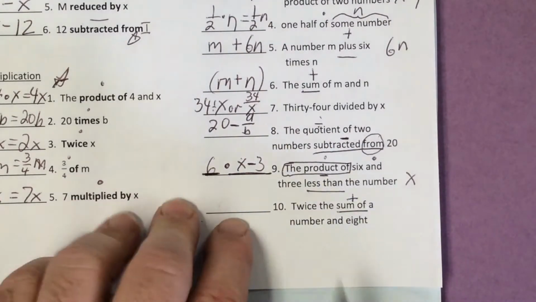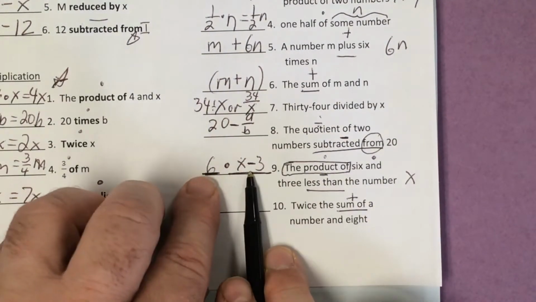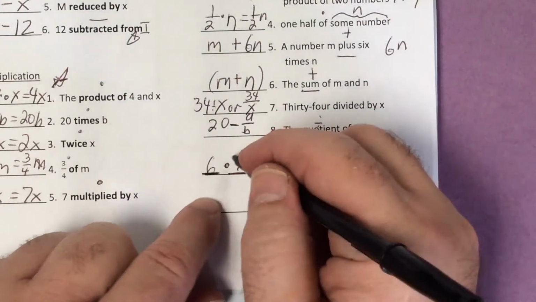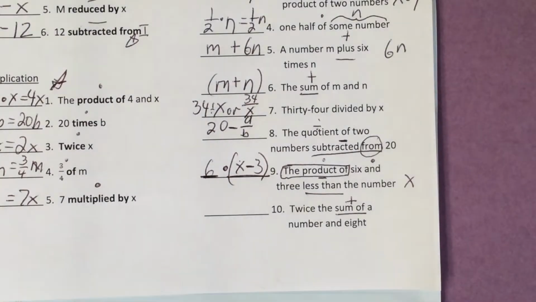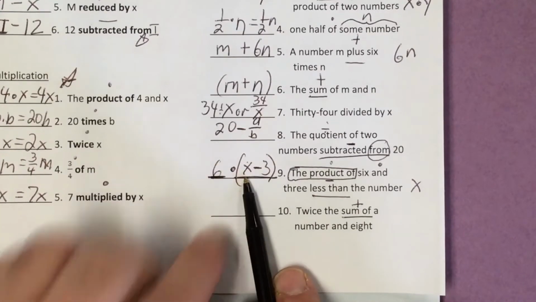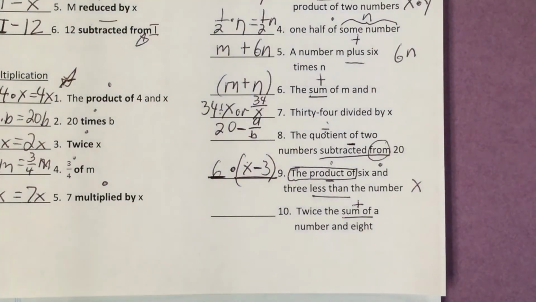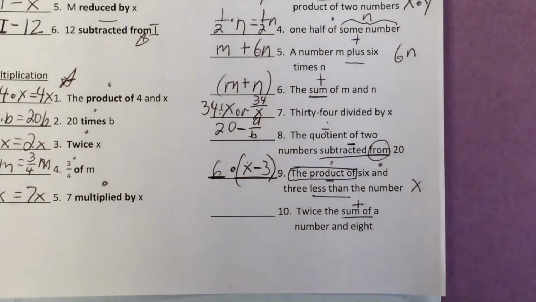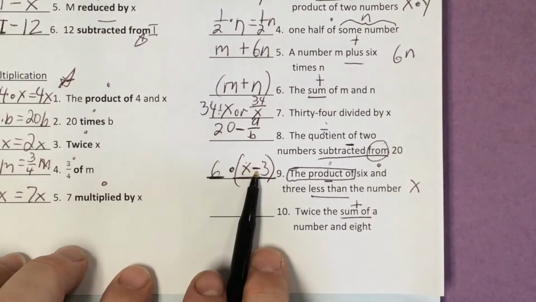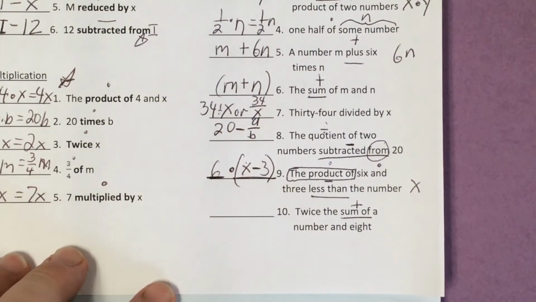It'll be x minus 3. But it's a product of this and this. But we can't write it simply like this. We need to include parentheses around that. So it's a product of 6 and 3 less than the number. So if you remember this, you're probably going to be looking at a little distribution of this here if you were to try to work this out. But at this point, this is what they're looking for.